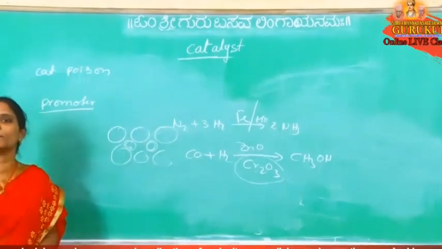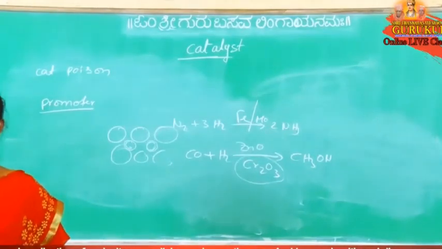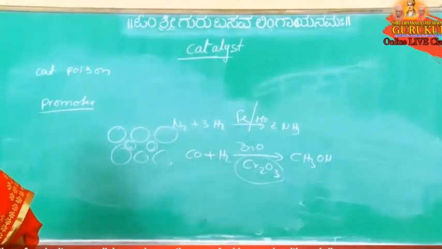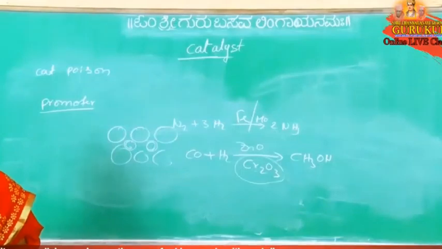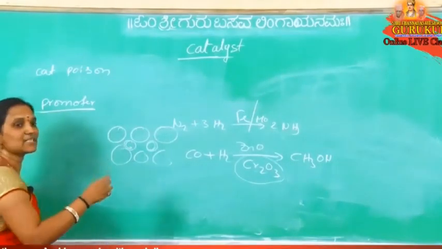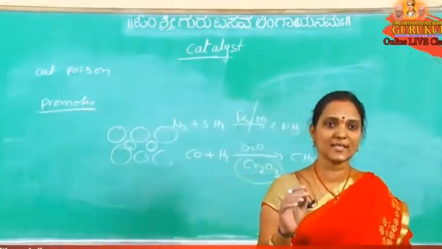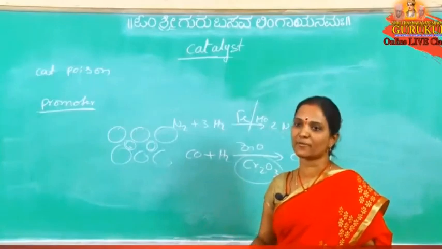These interstitial voids are occupied by the promoters, as in the many diagrams we learned in solid state. If promoters occupy interstitial voids, the surface area increases, so the catalytic activity increases because the rate of adsorption increases. So the answer is that promoters occupy the interstitial voids and increase the surface area.